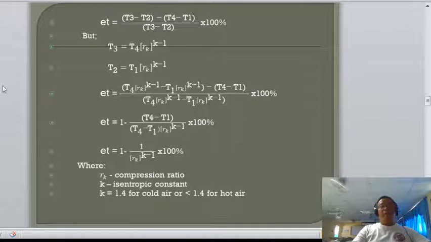But take note that the compression ratio for an Otto cycle is limited only to 8, something like that. So, if the compression ratio is higher than 8, maybe the cycle will become less efficient. Okay?